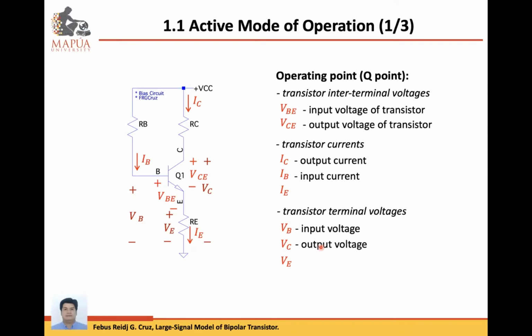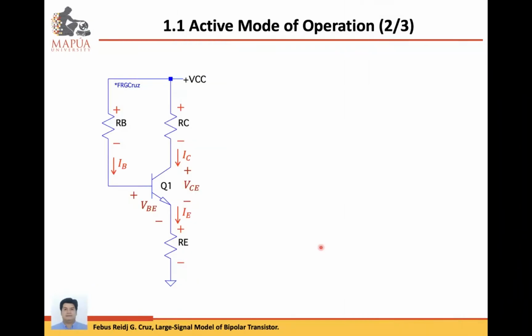All right, thank you. So continuing on the active mode of operation. Normally, to determine the circuit parameters, so lahat nung IB, IC, IE, as well as VBE, VCE, and even base voltage, collector voltage, and emitter voltage, usually the first step is to use the transistor model.